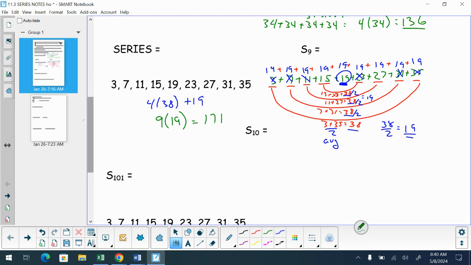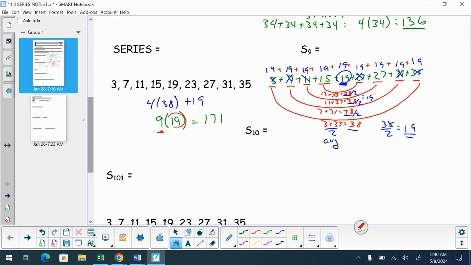And we come up with our 171. Which now allows us to be able to generate some ideas here. This value of 9 is the number of terms that we have here.